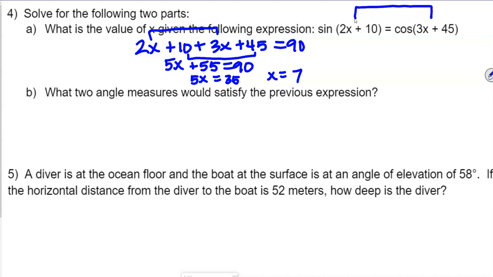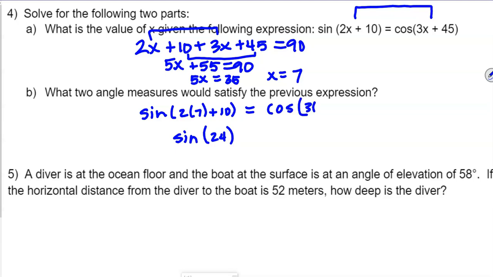Part B says what two angle measures would satisfy the previous expression. So that means we're going to plug the x back in. This would be the sine of 2 times 7. That's 14 plus 10. That would be 24, right? So the sine of 24 equals, and we're going to do the cosine the same way.